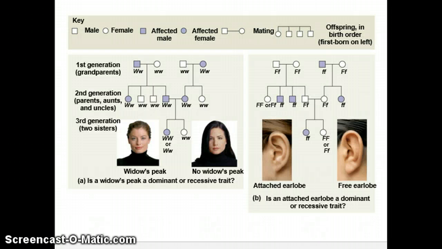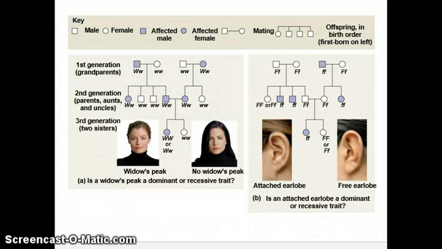Here are some of the basics, just as a reminder: the male is indicated by a square, the female by a circle. When the phenotype expresses the trait, we say it's affected, and it's colored in. If it's colored in, then that person has that trait. If it's not colored in, then the person does not have that trait. You also saw in the packet that you worked on that if there's a line drawn through the circles and squares, often that means the person is deceased.